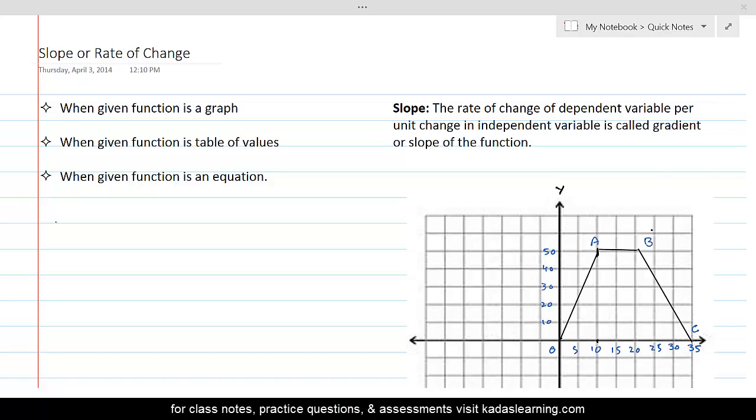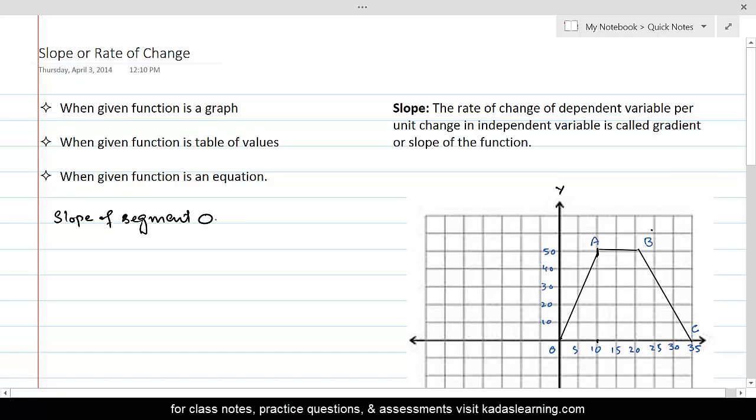Let's find the slope of segment OA. Slope of segment OA is equal to change in the dependent variable divided by change in the independent variable.